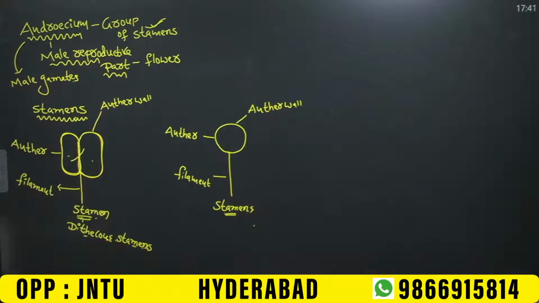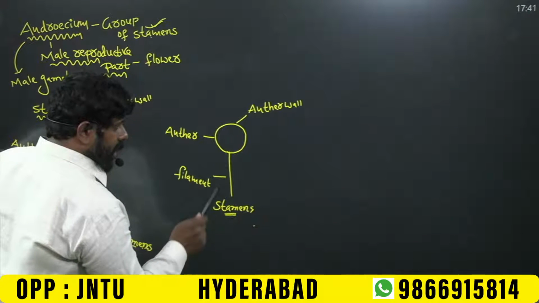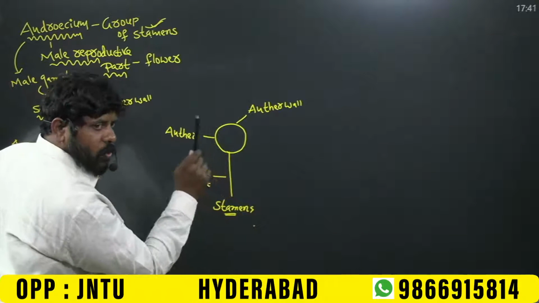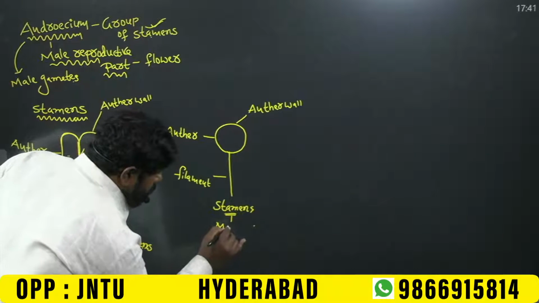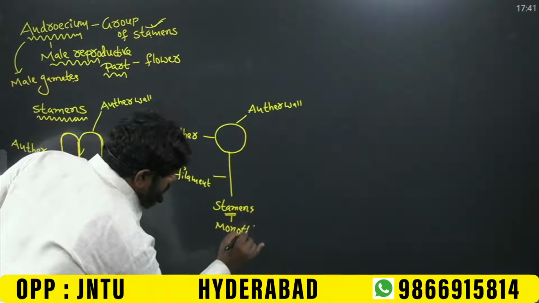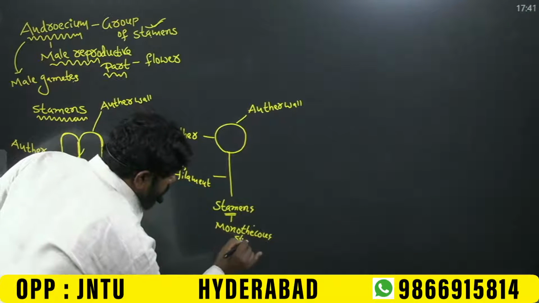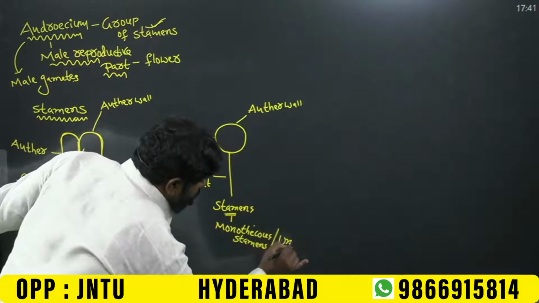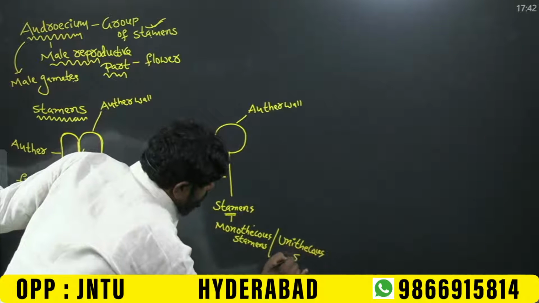Clear? But in the second type of stamen, the anther consists of only one theca or one lobe. That's why this stamen is called monothecous stamen, which is also called unithecous stamen.